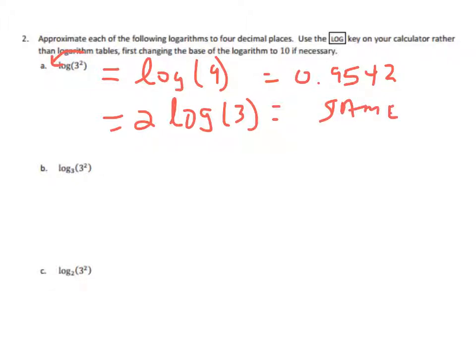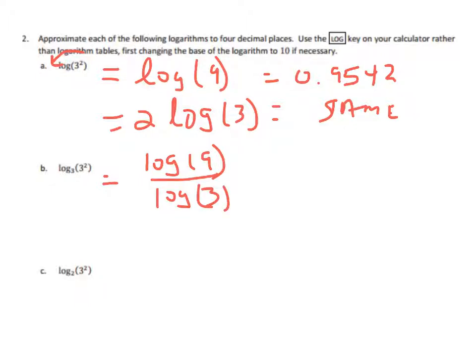Okay. The next one has a log base 3. Now remember, we got a new rule to change a base, so this is the log of 3 squared again, which is 9, but it's over the log of 3. So go back to your change of base rule.